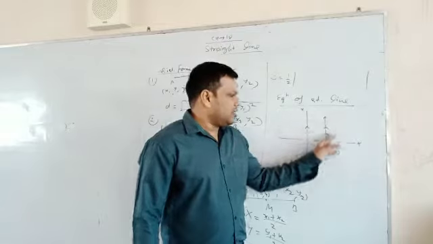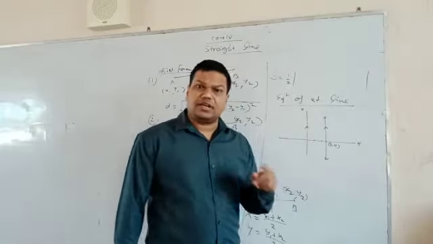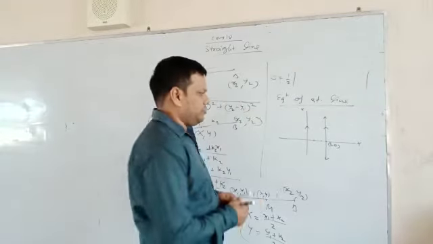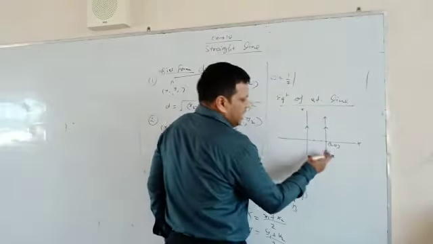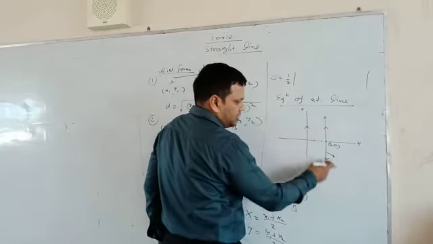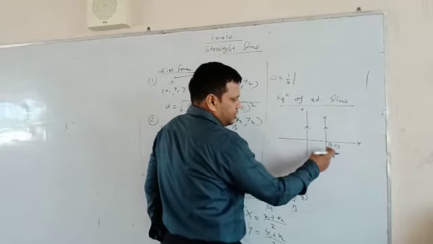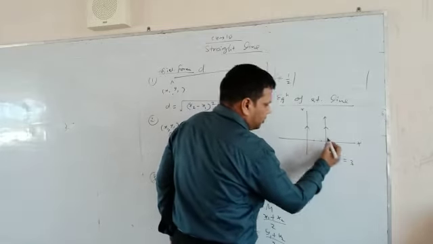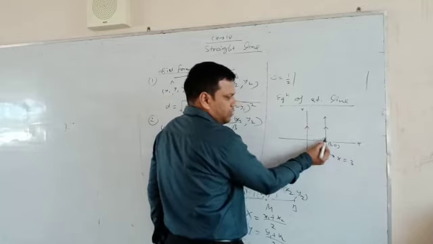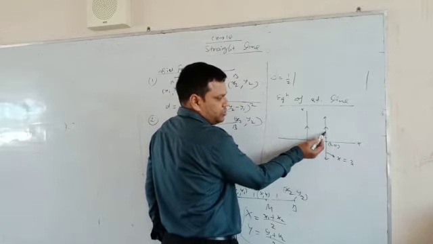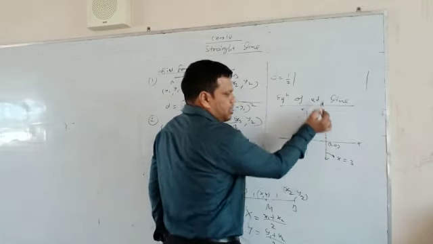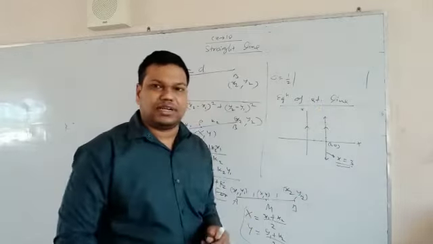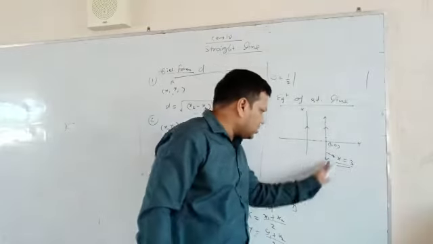It means any equation which can represent the line throughout, that is called a straight line equation. Here x is always 3, but not y. Y here is 0, but there will be different values of y. So y will change, but x will remain constant, that is x equal to 3.